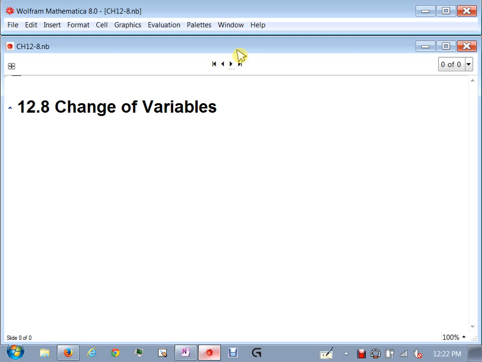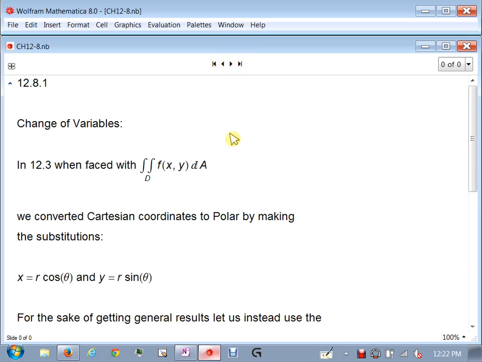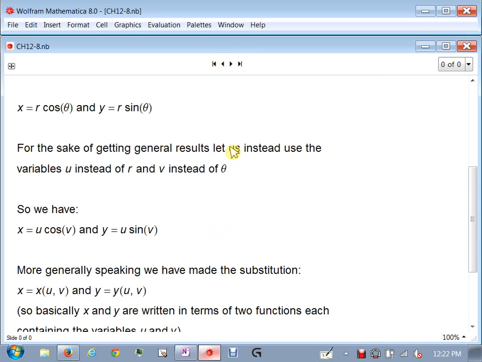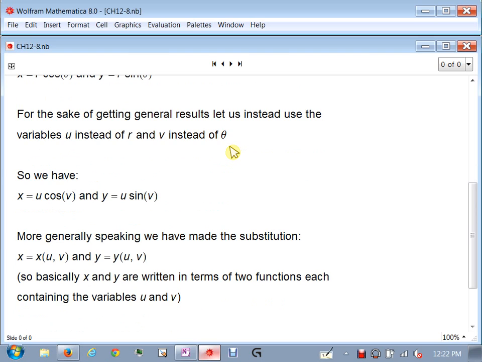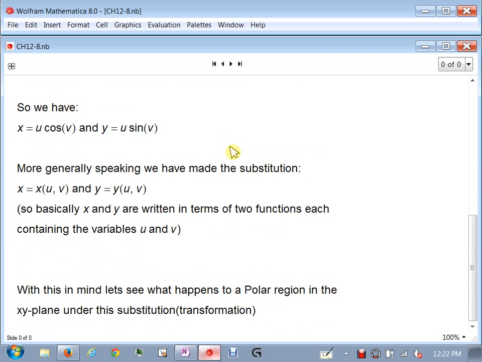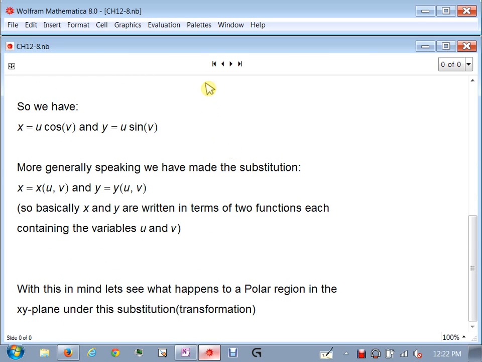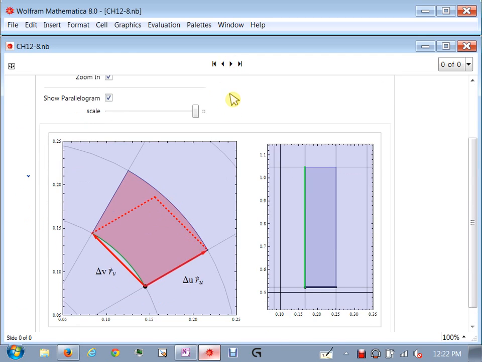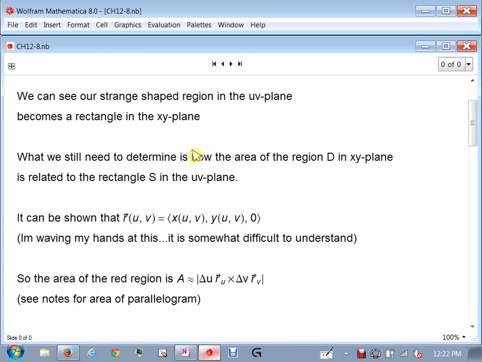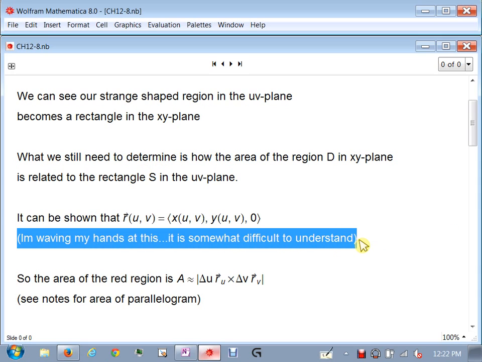The problem that I run into every time is this one part of the explanation. Where is it? Right here. Because at some point in trying to explain what's going on, I say I'm waving my hands at this, basically saying it's difficult to understand. And I don't like ever having to do that.